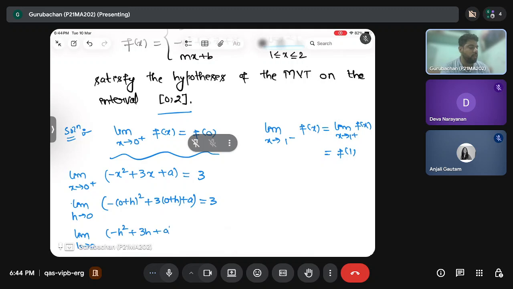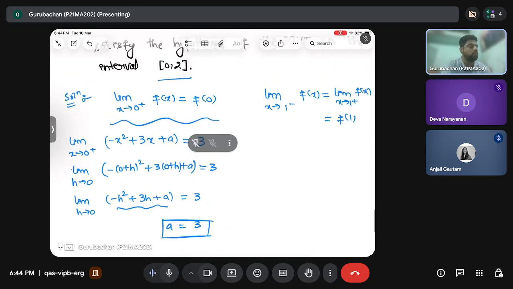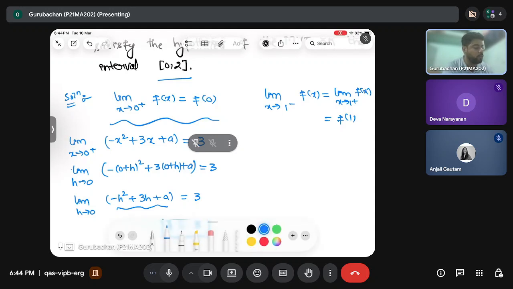Since it's a polynomial in h, we can directly substitute h equal to 0, so this will give you a equal to 3. Now, to maintain the continuity at 1, we consider the other side.